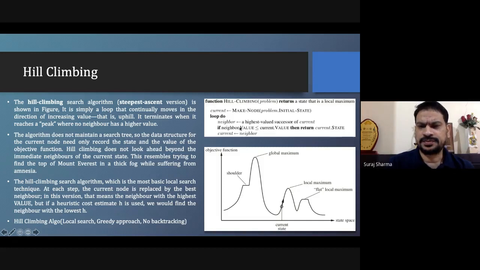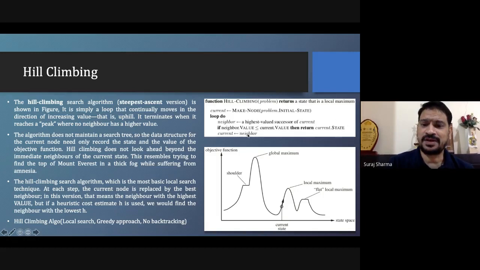Now we are in the loop. We take the highest-value successor of the current node. So we have the current node, and whatever the successors or children are, if they have a higher value than the current node, those nodes are my neighbor node. If the neighbor node's value is less than or equal to the current value, I am not going to change the state.